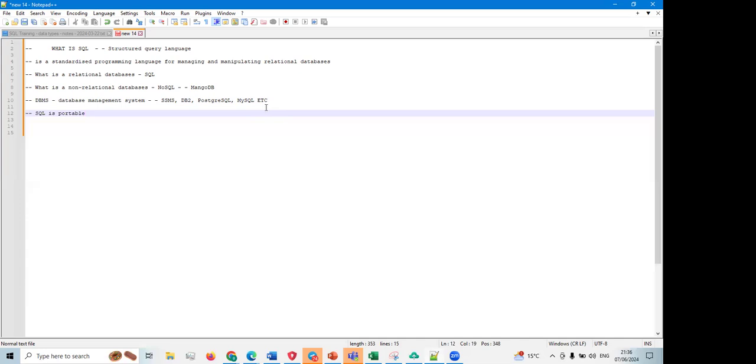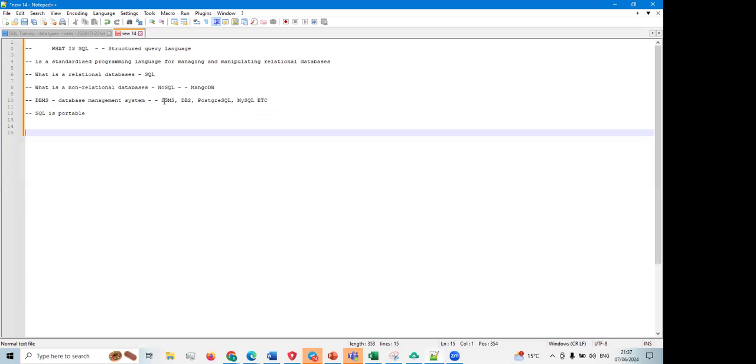What it means is that, for example, SQL Server is a management studio, DB2 is a management studio, PostgreSQL is a management studio, MySQL is a management studio. SQL, which is the language, works well on all these management systems.